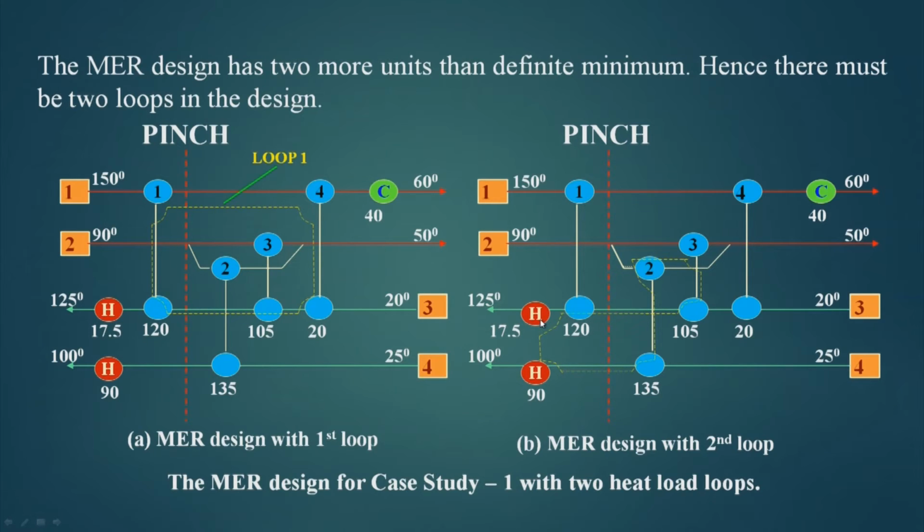If I start from here and change something here, it is automatically changed, because the size of this in terms of delta H and this is constant and equal to the total hot utility requirement, and that is why if I change this value here, it will be automatically changed. So, there is a connection between these two. So, it goes here, then here, then here, then here, and then comes here, and then goes here. So, there is a second loop here.